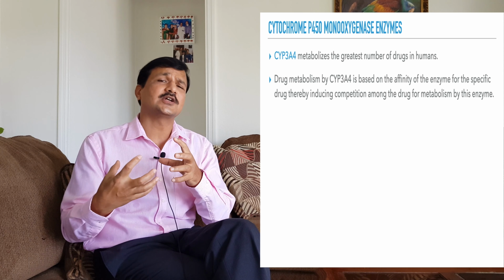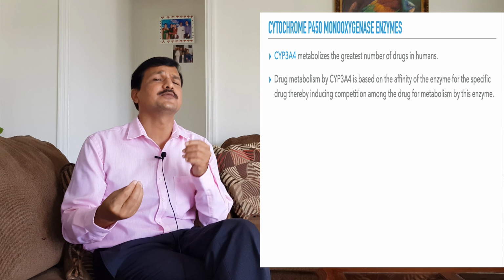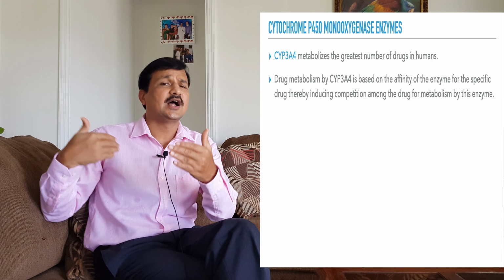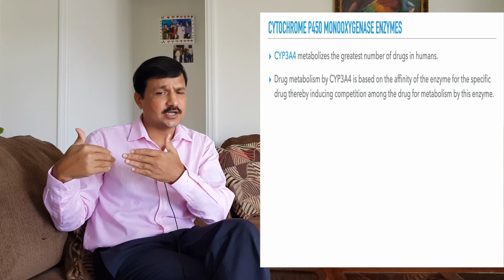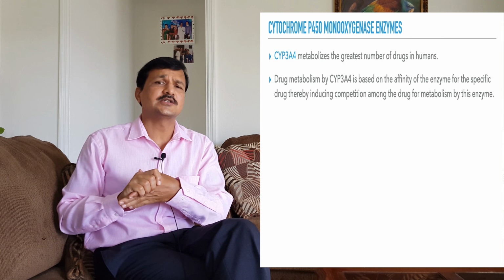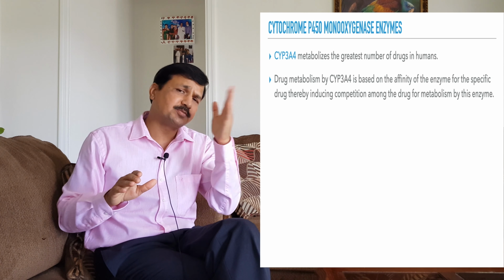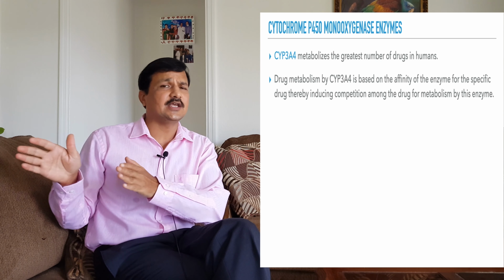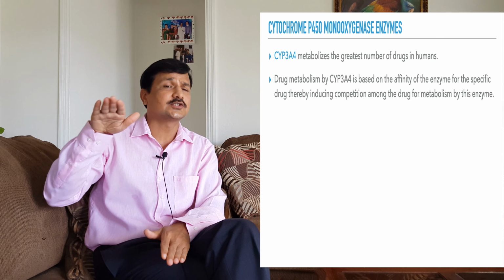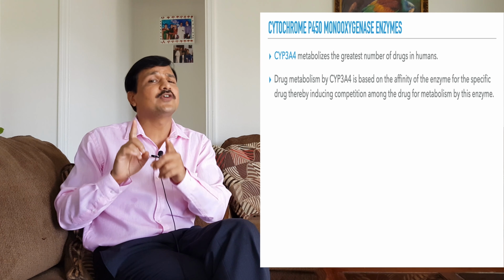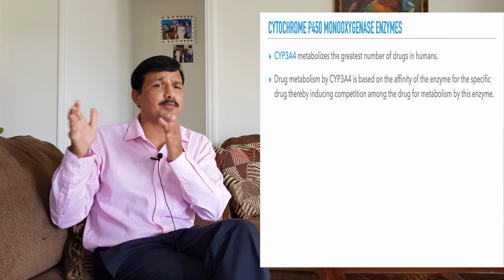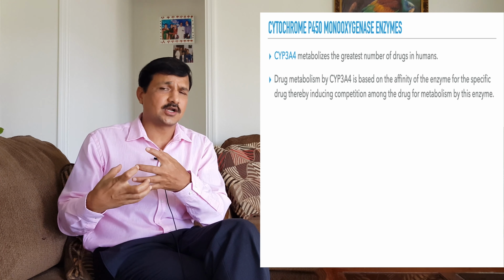If multiple drugs are taken at the same time, whichever drug has higher affinity for this enzyme will be handled first, and the other drug will be handled later. So, this is what happens when a multiple drug combination is given: one drug is preferentially metabolized over the other. So, the other drug's blood levels can increase, and can even reach toxic levels if we do not take care of that. So, we have to be very careful when different drug formulations are made and multiple drug combinations are given.